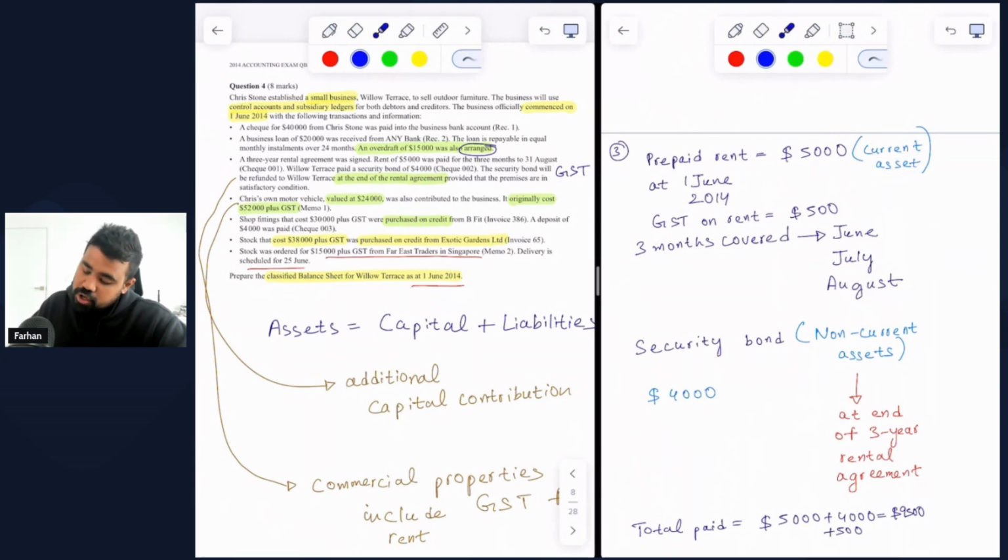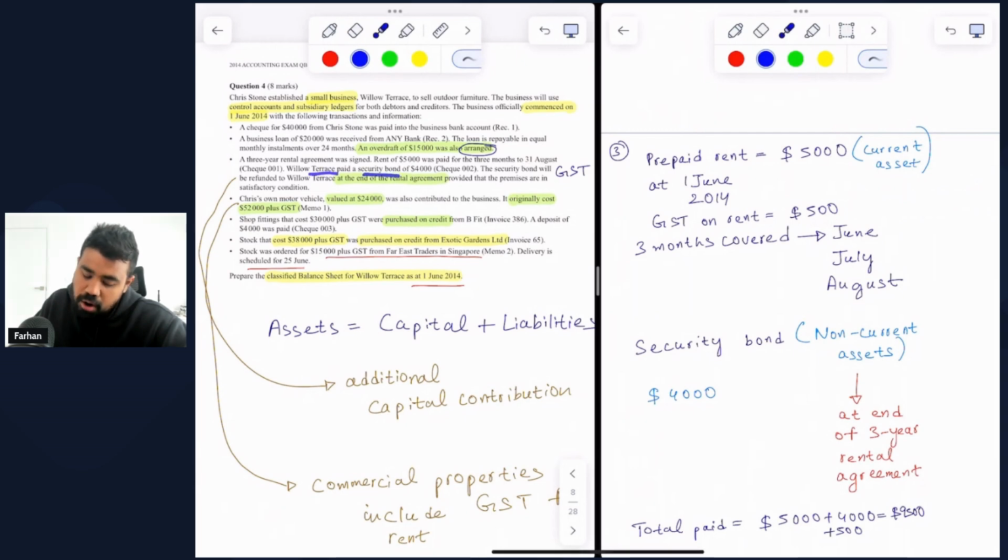And those 3 months are June, July, and all of August. And because this property is for commercial use, which we have just discussed a while ago, the GST on rent is $500 that you need to calculate separately, and that is calculated by multiplying 10% on $5,000. Okay? All right.